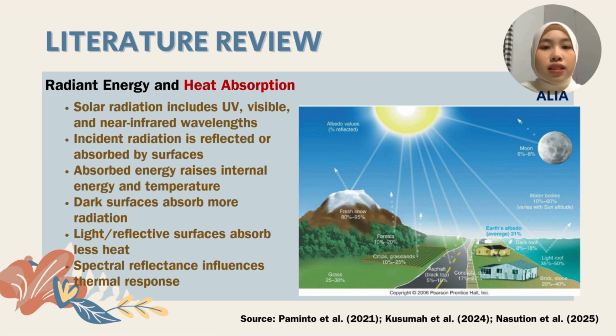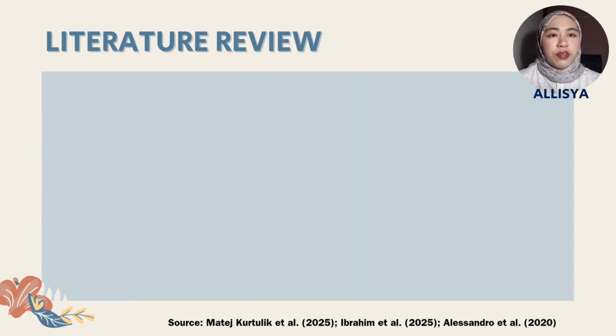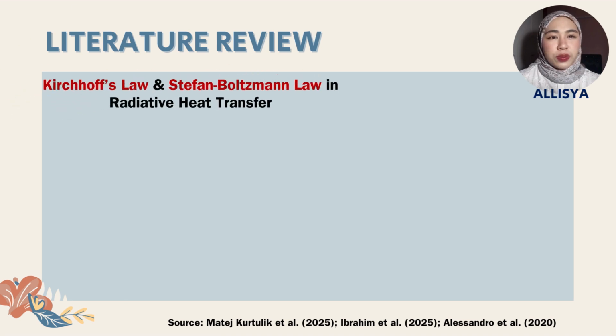Experimental studies consistently show higher temperature increases for dark-colored surfaces, while light-colored and metallic surfaces absorb less heat. Additionally, differences in spectral reflectance, especially in the near-infrared region, explain variations in thermal behavior, even among surfaces with similar visible colors.